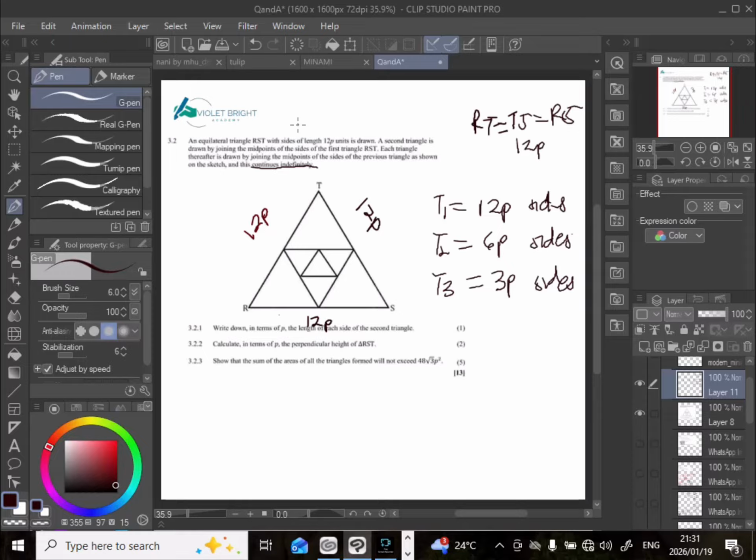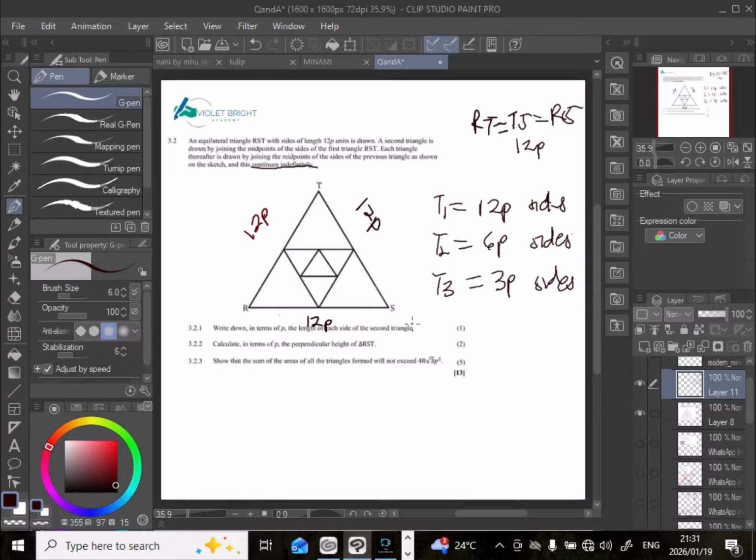Ne? So now they say, first question, write down in terms of p the length of each side in the second triangle. Very good. It's 6p. Why 6p?